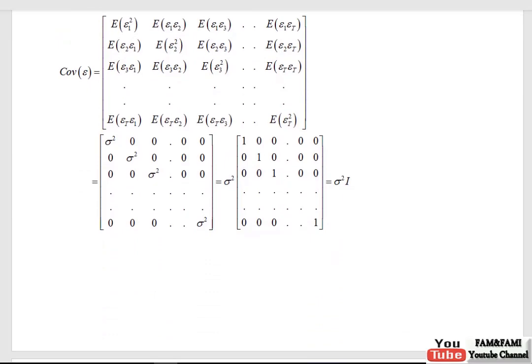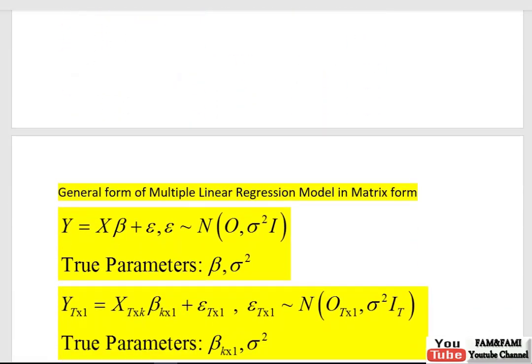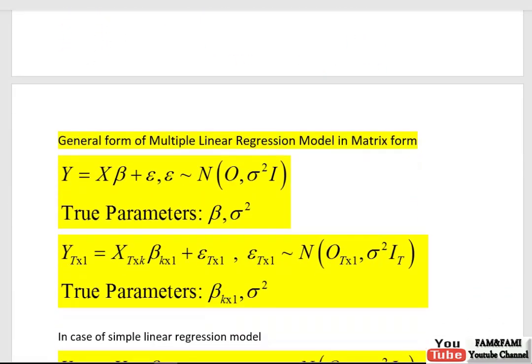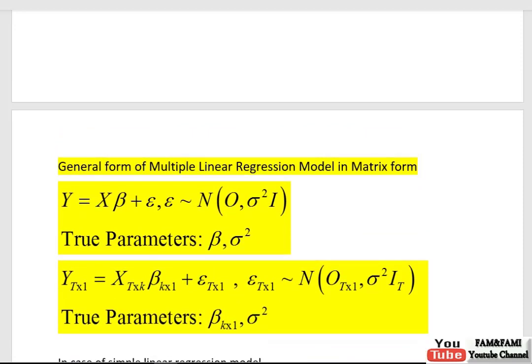Now once we have arrived at this, this is our model. In future, when you are asked to write the general form of a multiple linear regression in matrix form, you can choose between the two expressions: this one without the dimensions, and this second one with the dimensions.